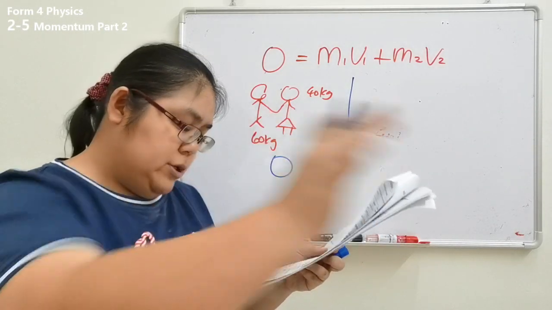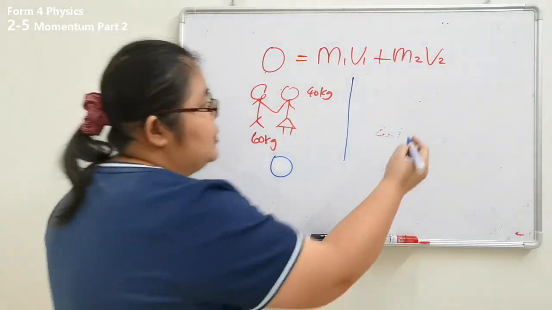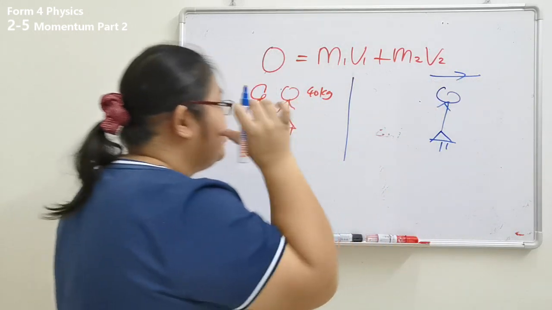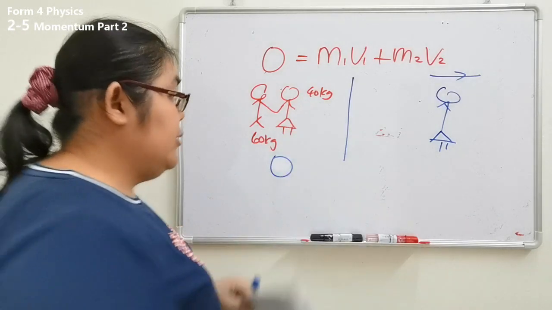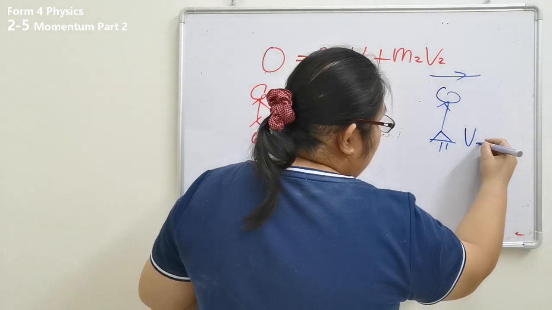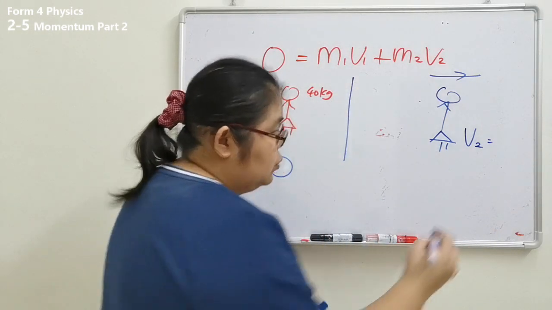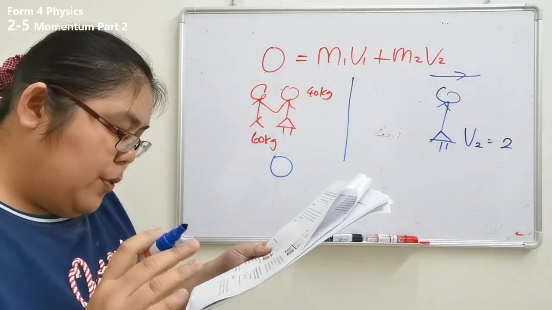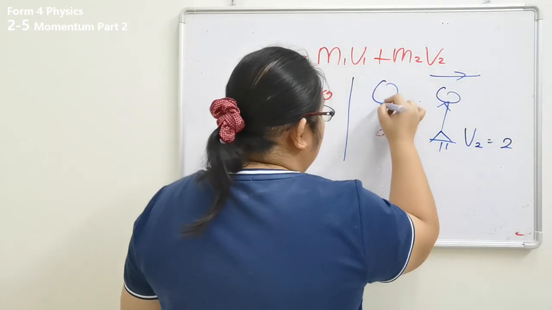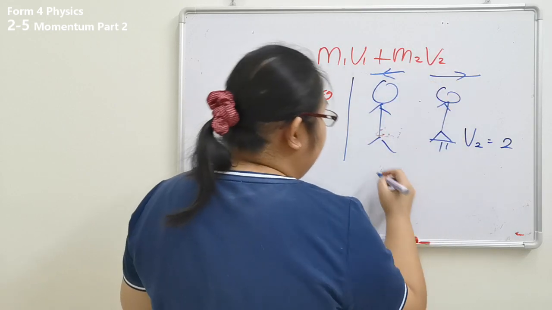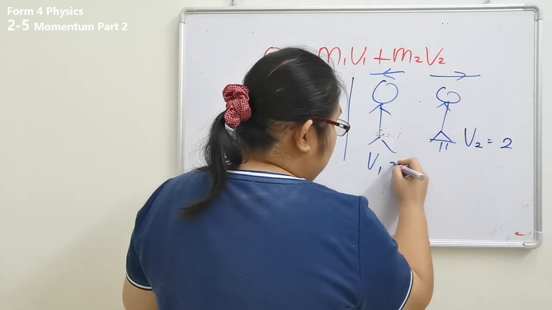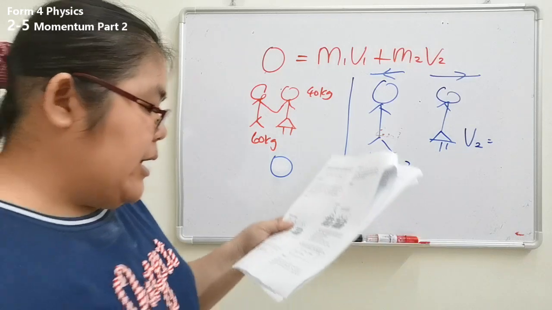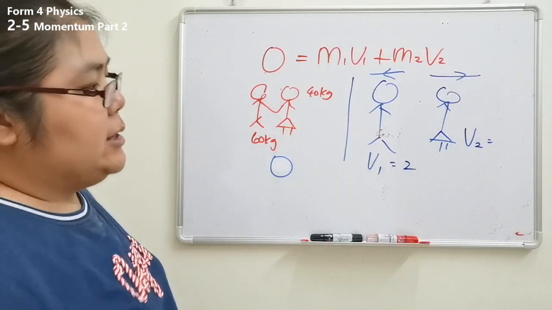After that, the girl pushes the boy and moves backward, and the boy is pushed far away. So she moves backward with what velocity? V2. Then the boy moves here with V1, which is 2. The girl's velocity we don't know. They push, the boy moves in one direction, and then the girl also moves in the other direction. That is V2.